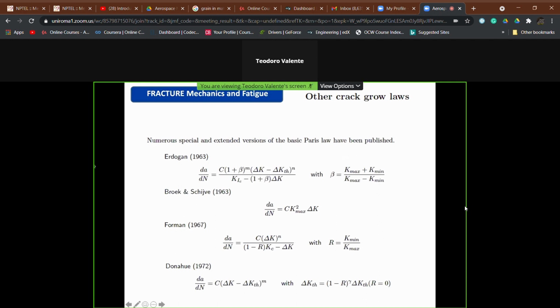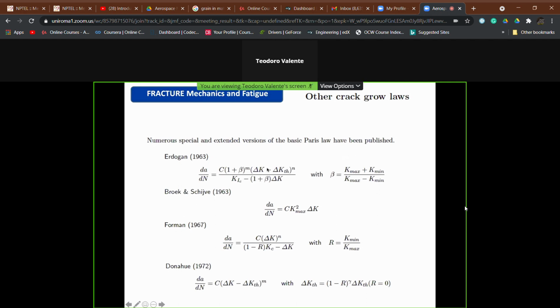You see here, I have reported for your knowledge the Erdogan, the Forman models. They were developed at different times, but they all give us an expression of the crack growth rate linked to the fatigue properties.